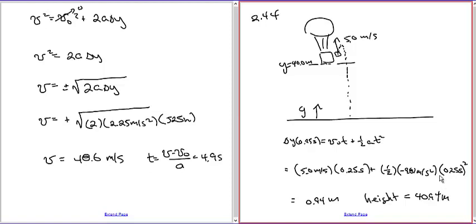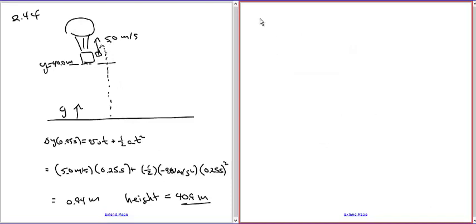Now we probably lop off this extra significant figure, so I'm going to write it as that. Okay, the velocity at 0.25 seconds, we use the second equation. So v is equal to v0 plus at.